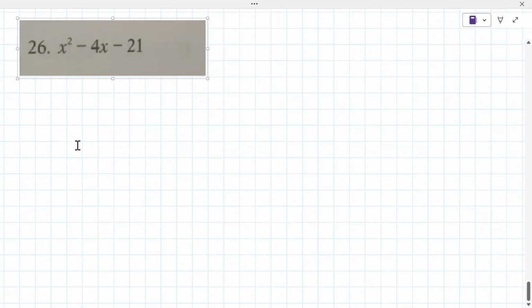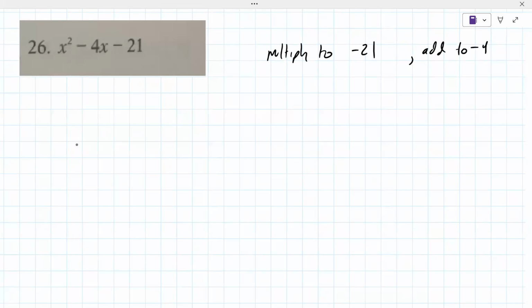On to 26. So now you're looking for two numbers that multiply to negative 21, but add to negative 4. All right, 21. That would be negative 11, but that has to be 4.